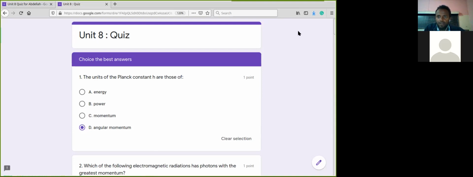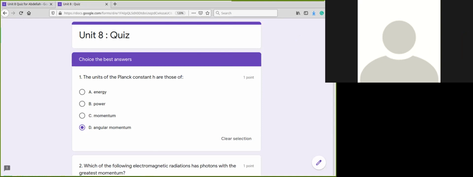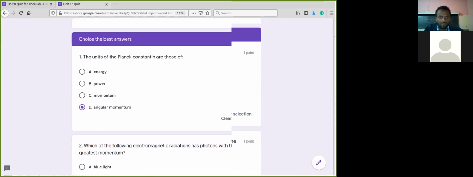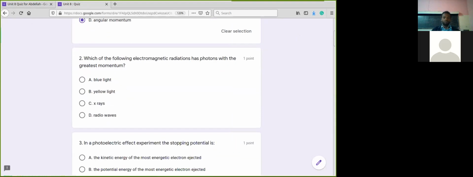Let's see the next question. Question number 2. Which of the following electromagnetic radiations has photons with greatest momentum? X-ray.